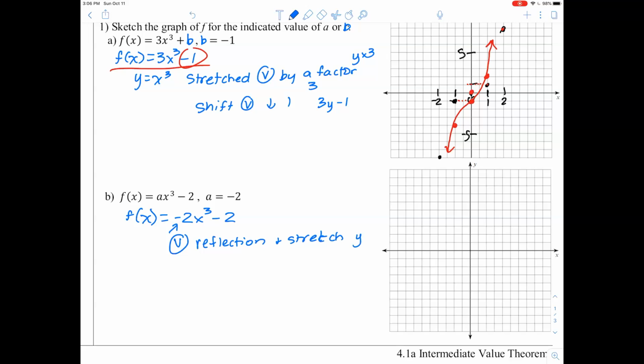So we're going to do y times -2, and then we have a vertical shift down 2. So basically we're going to be subtracting 2. So we're going to do -2 times our y and then subtract 2. Because that's what we're doing. That gives us the reflection, the stretch, and then the shift down.